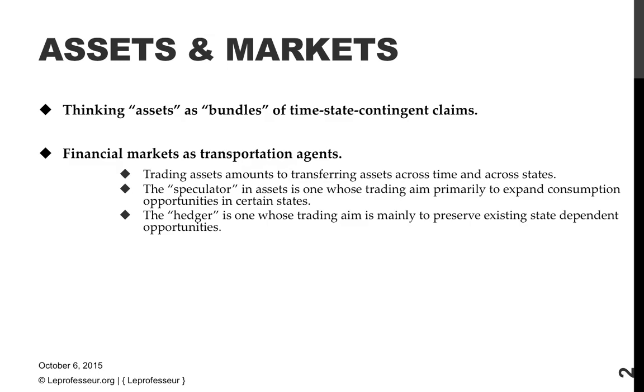So the seller, say an onion seller, is transferring the asset, onion, from one state and one time to, for example, cash money or dollars. In the same way, financial markets, whether it's a bond market, a stock market, or an exchange market, think about those as transportation agents.